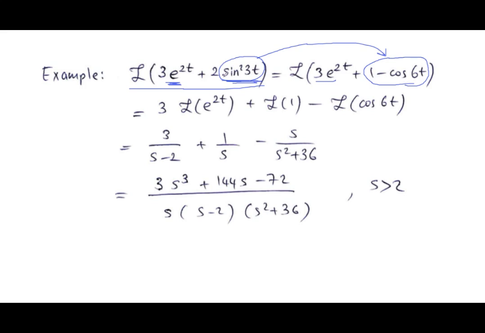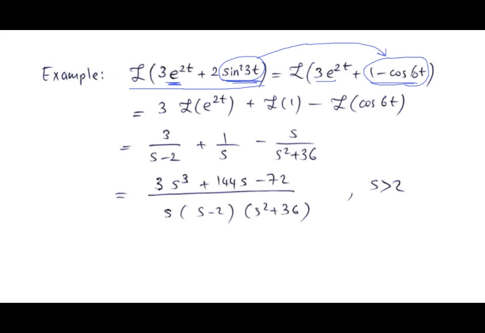But we didn't know what is the Laplace transform of sine square or cosine square. We don't know it yet. So instead of trying to evaluate the Laplace transform of the squared expression, we substitute it with a simpler one, which we already know.